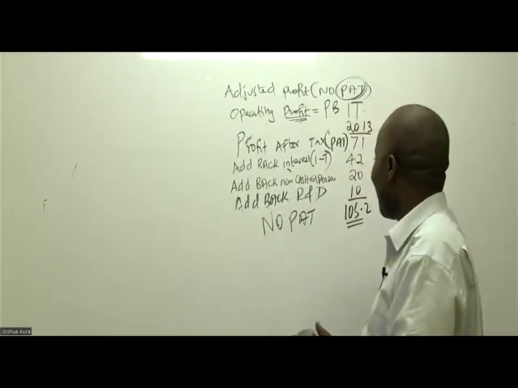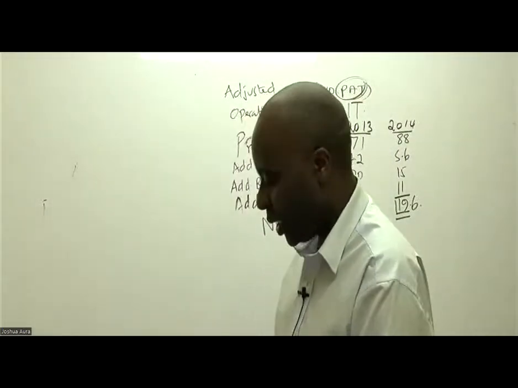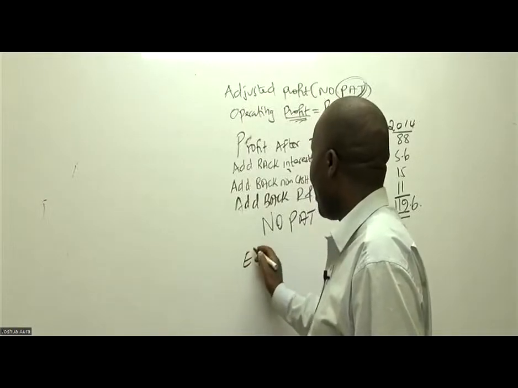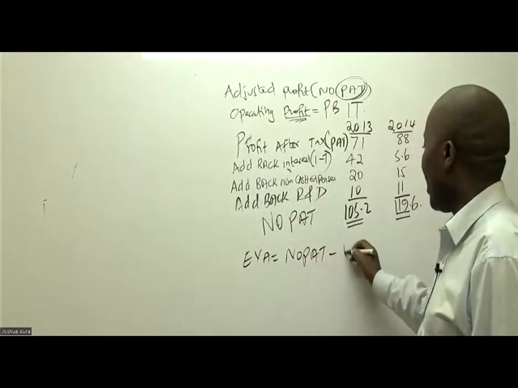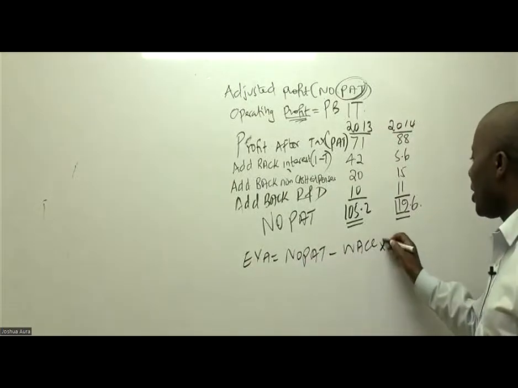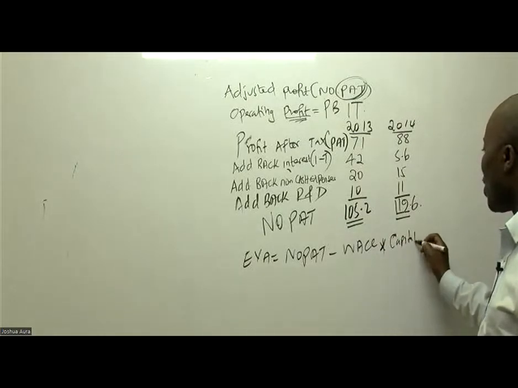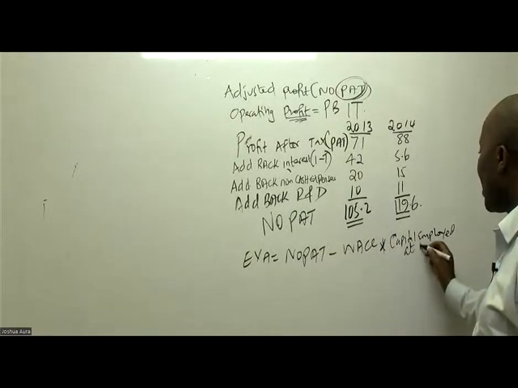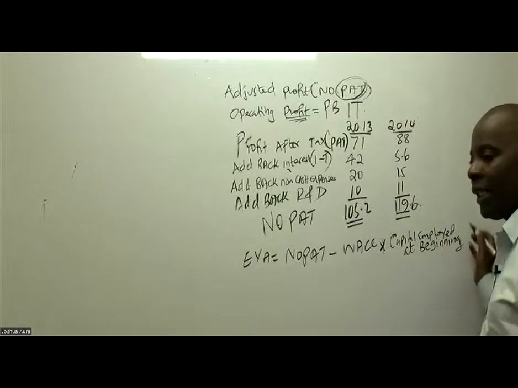Then now my formula that I will use is this. I'll come and tell my examiner that EVA equals NOPAT minus WACC times capital employed at the beginning.